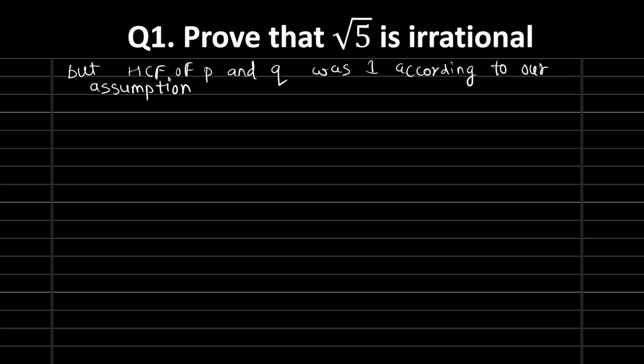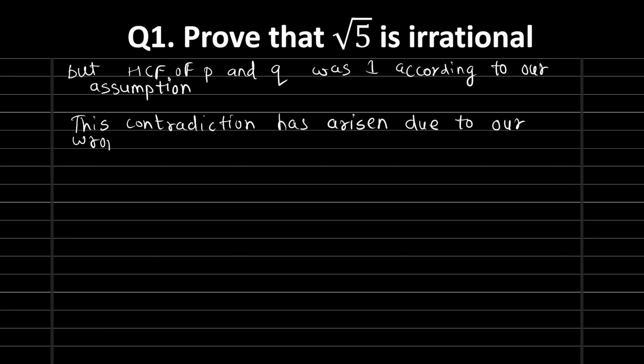There is a common factor between p and q, that is 5. So this contradiction has arisen due to our wrong assumption.